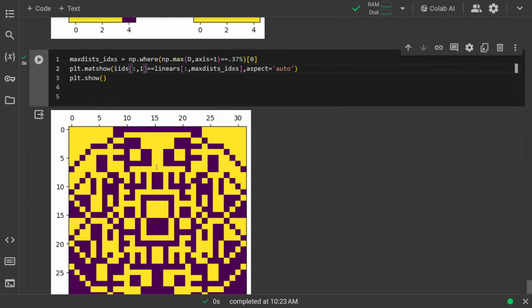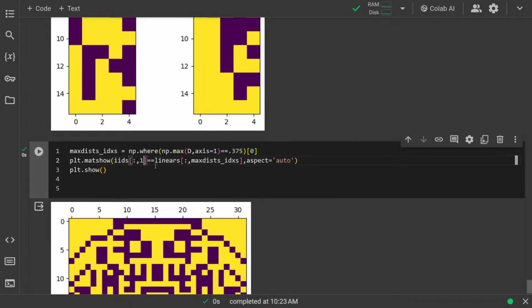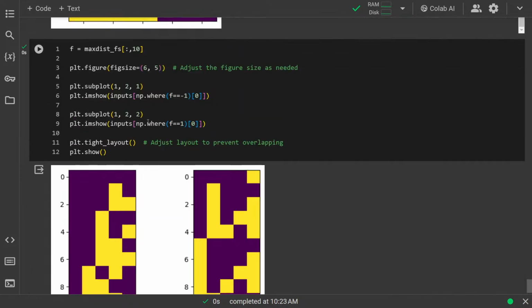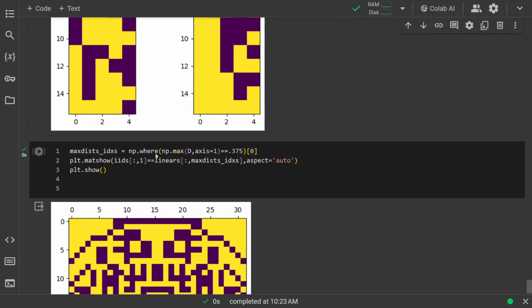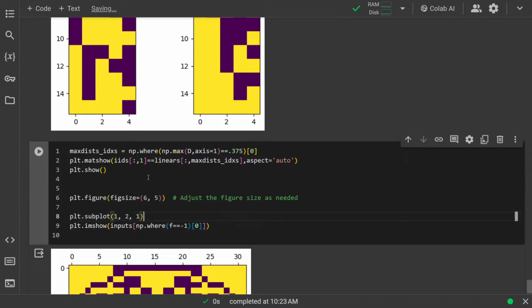Different one. Let's see. We shall do subplots. Okay. Right. Okay, so I want 5 columns.